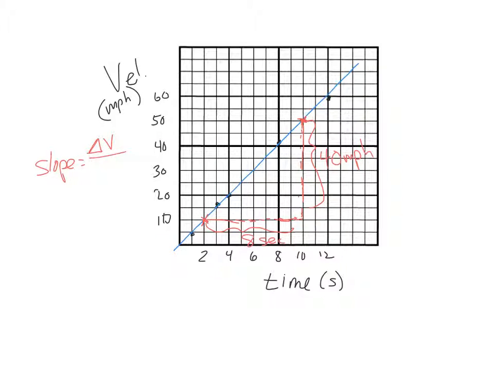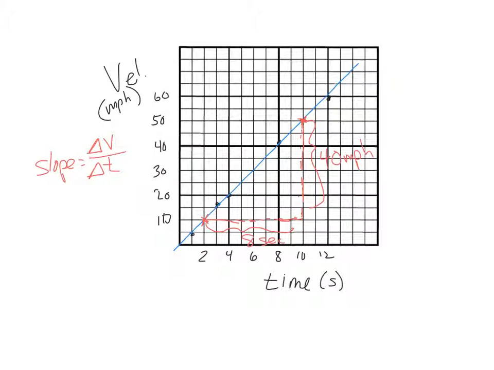And down here, my run is how much the time changed in seconds. And I changed 8 seconds in this little interval that I'm looking at. And so that is a delta, or a change in time. So remember, that's what we're finding here. That's what this slope is. It's a change in velocity divided by the change in time.